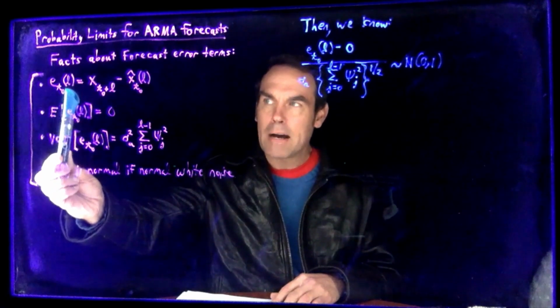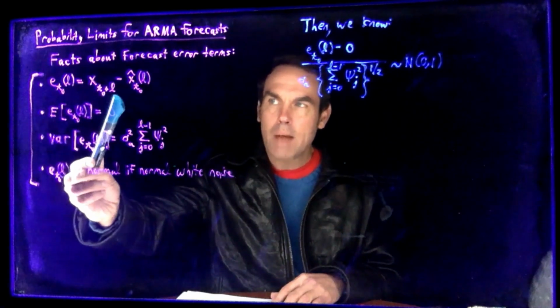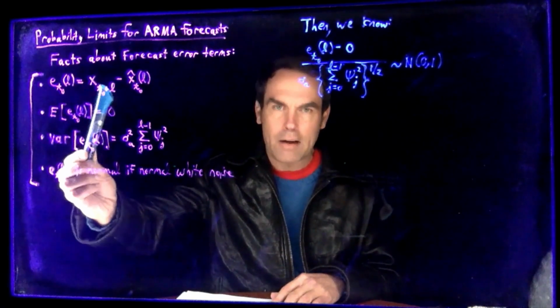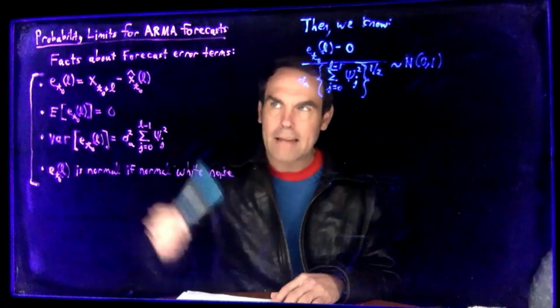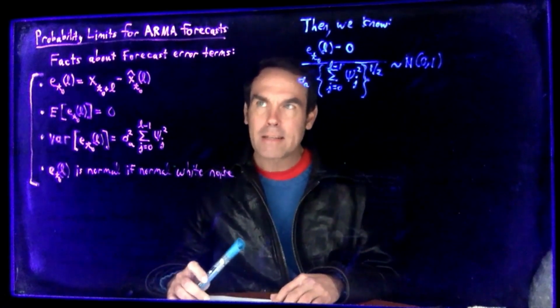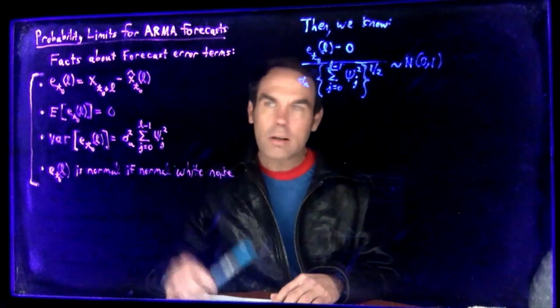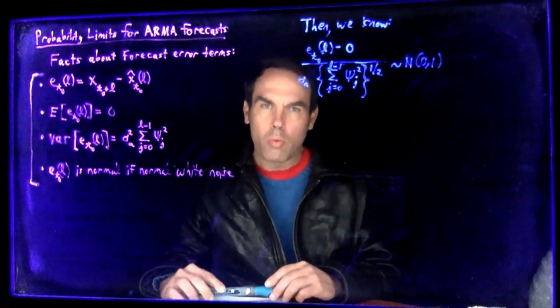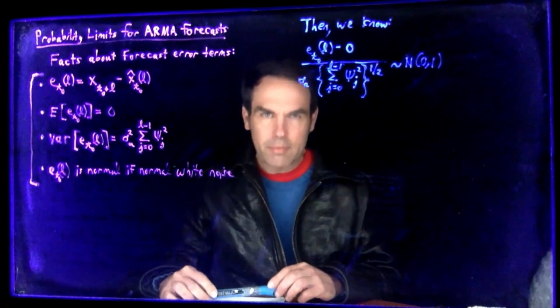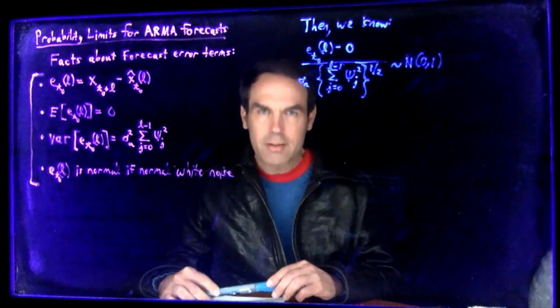And that's given by x of T naught plus L. So this is the actual value minus the predicted value, x hat T naught of L. So that makes sense that that's what we would call the forecast error. It's actual minus predicted.